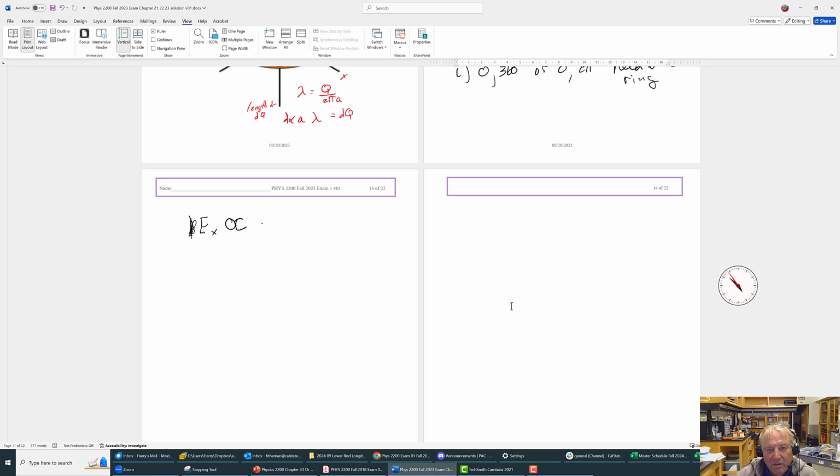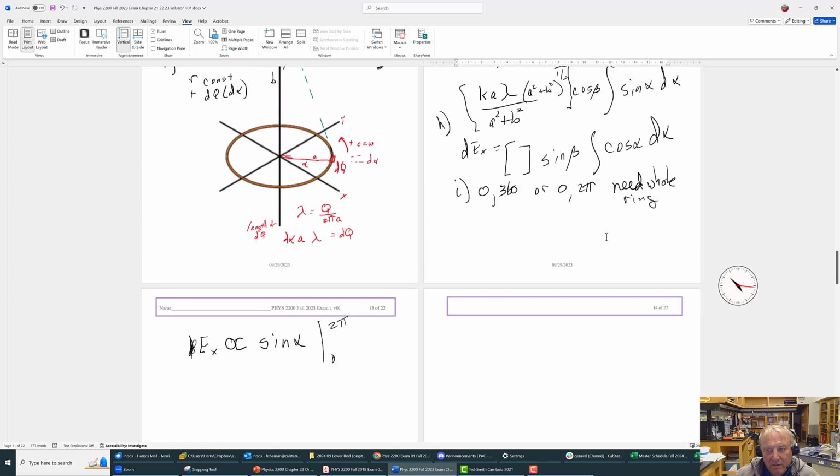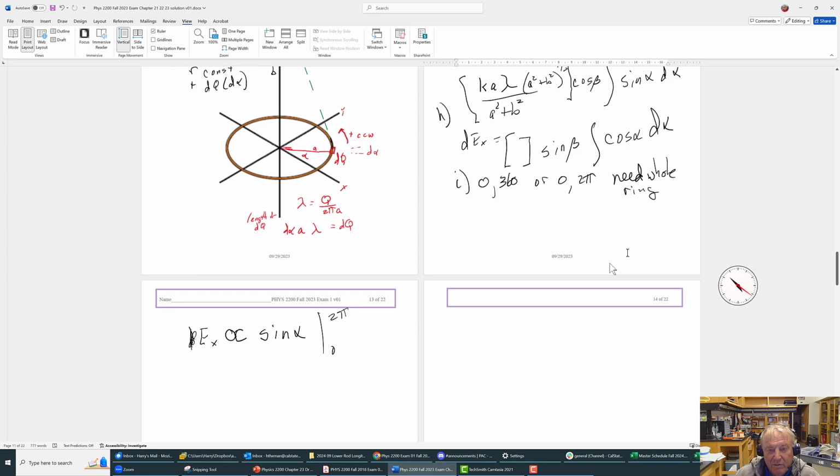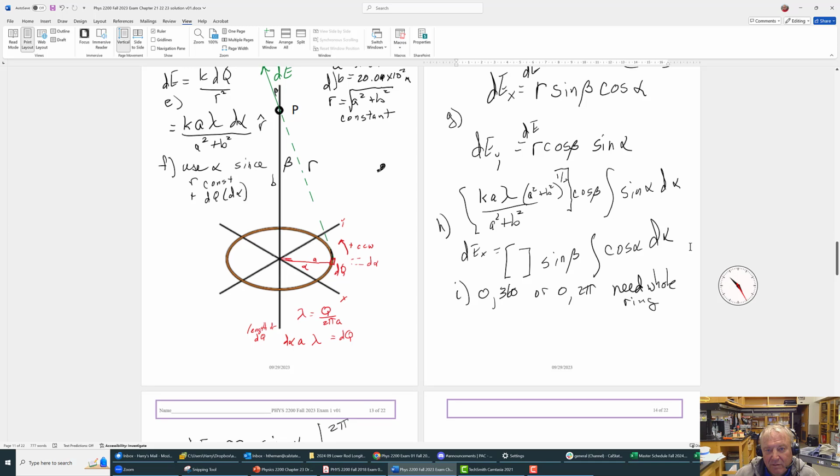So if we integrate, that's sine of alpha, from 0 to 2 pi, then the sine is 0. So that's trivial. All the x components cancel each other out.